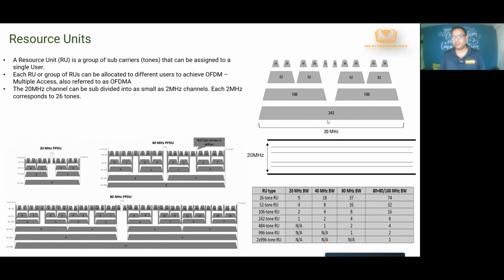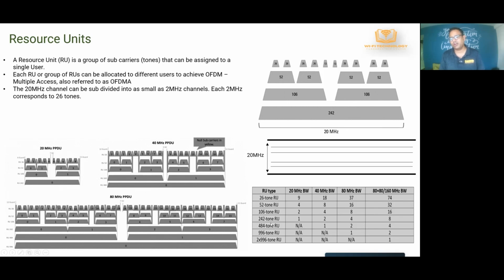So within a 20 megahertz channel, you can get up to 9 simultaneous users if you're using 26 tone RUs. If each RU, or resource unit, is 26 tones long, then you get 9 users simultaneously. If you're using 52 tones, that means your bandwidth is wider, but you'll only get 4 simultaneous users. If you're using 160 tones, then you get 2 users.